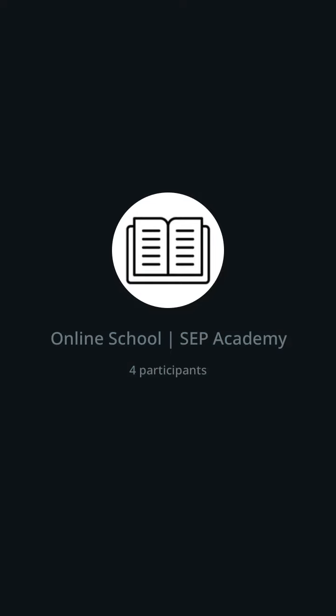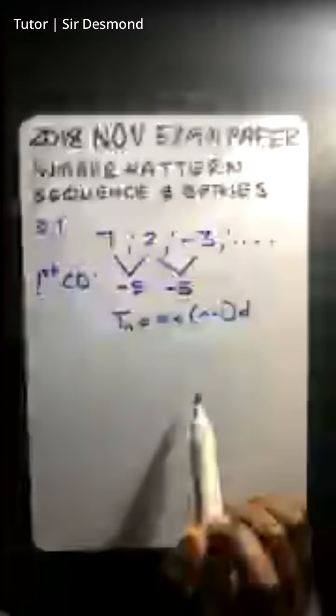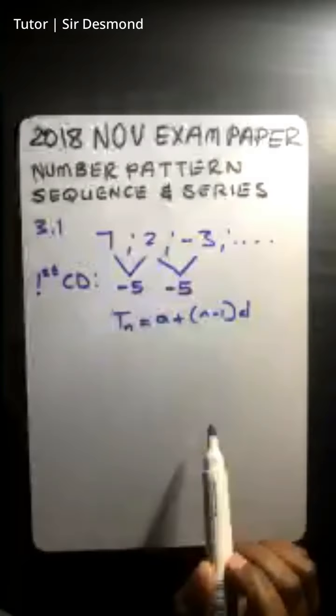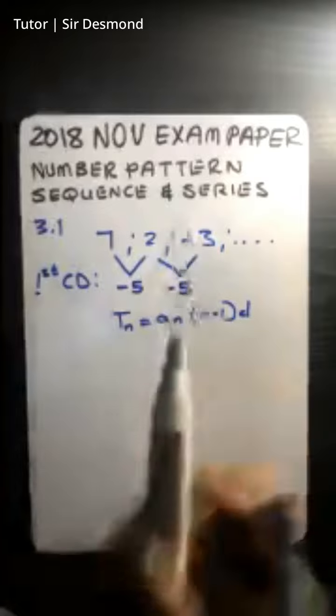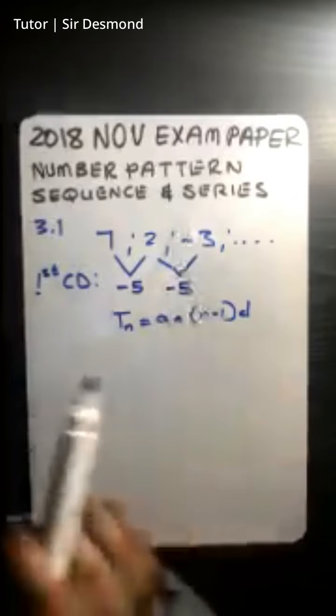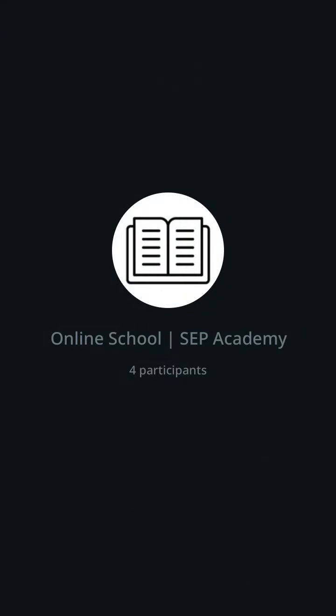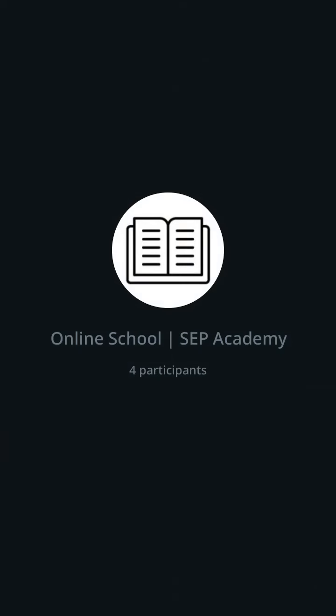So you are guided by the type of pattern that you are given. So now let's have a look at the very first question. So this is all that we can do on that number pattern. So the first question, which is 3.1.1, says determine the general term Tn of the linear pattern.